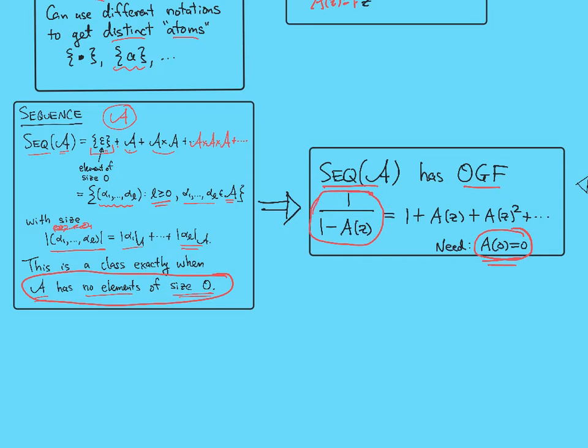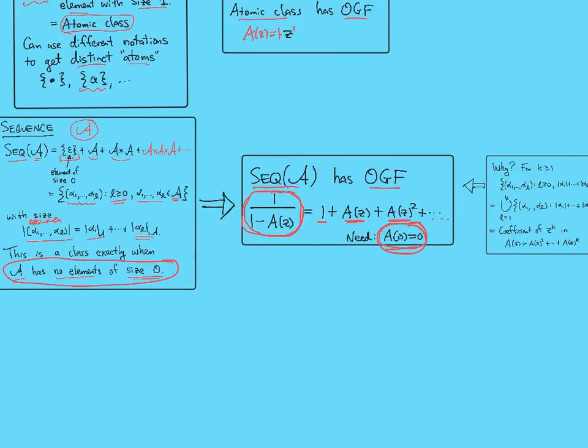We can interpret this as 1 plus A plus A squared and so on, where these are the ordinary generating functions. These are formal power series right now, and when A of 0 is 0, you can compute each given term using a finite number of computations.